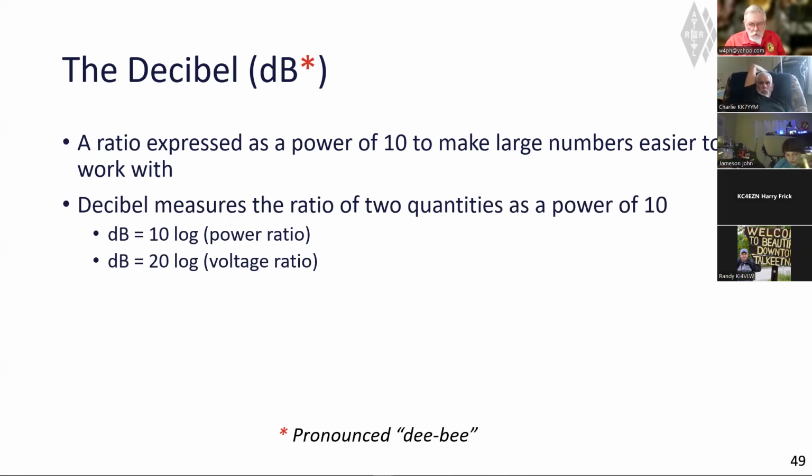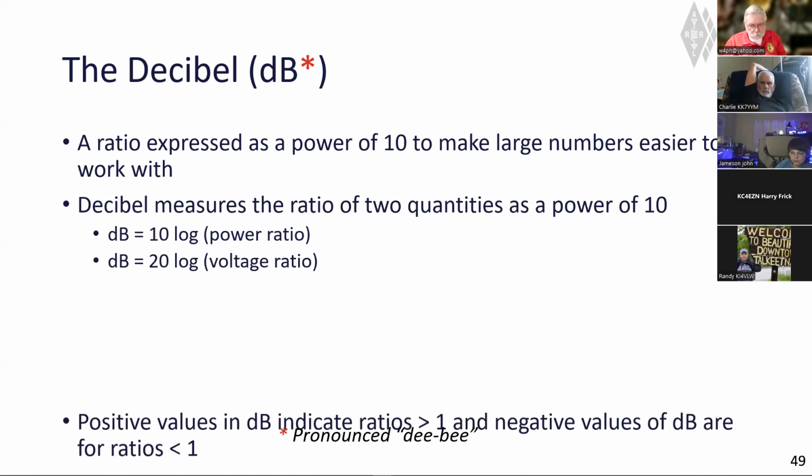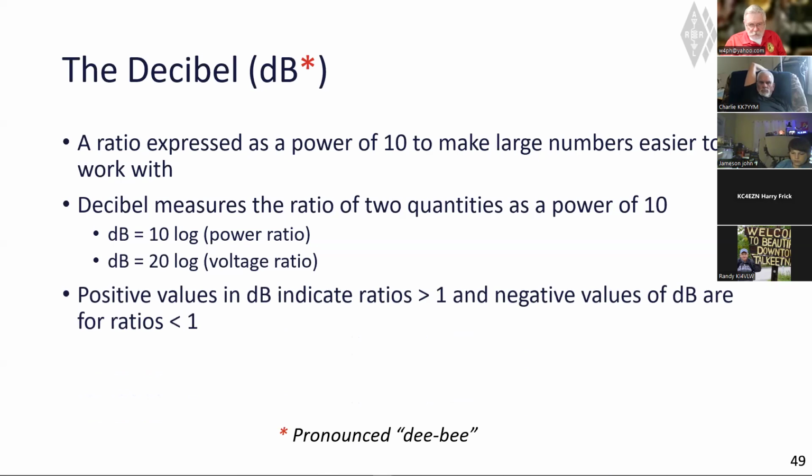The dB log is a power ratio. dB, decibel, equals 10 times the log of the power ratio, or dB equals 20 times the log of the voltage ratio. Positive values in dB are indicated by ratios greater than 1, and negative values in dB are for ratios less than 1.